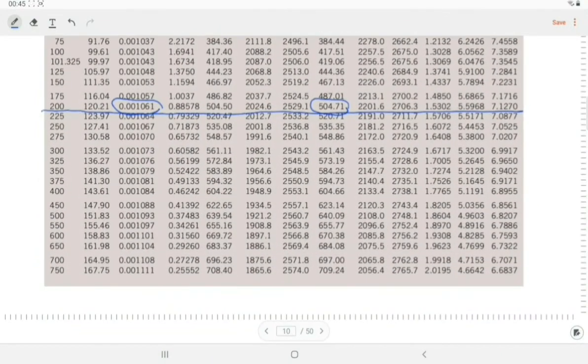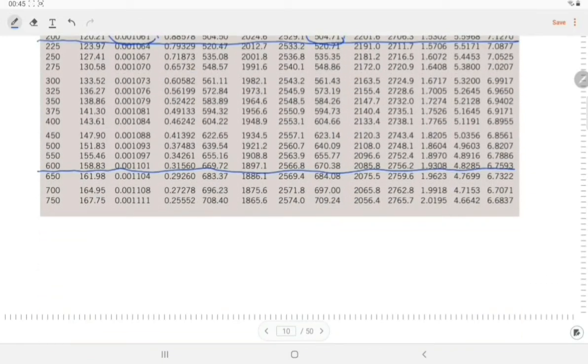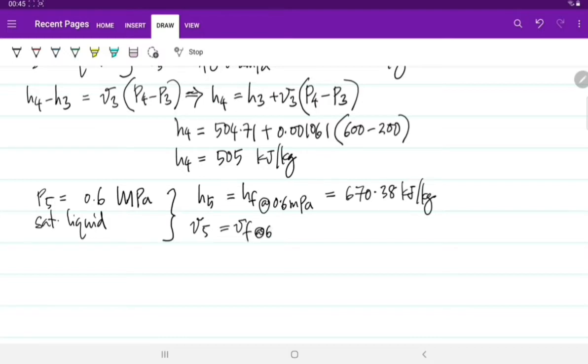So 0.6 megapascal is 600. So you are talking about this. You want enthalpy HF here, VF here, 670.38 kilojoules per kilogram, and then V5 equals VF at 0.6 megapascal.